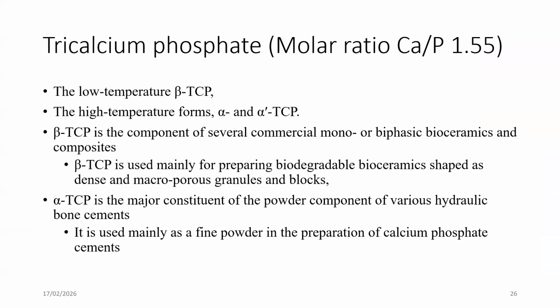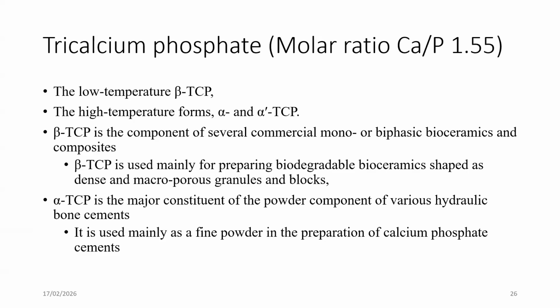Now let's talk about tricalcium phosphate. We talked about bioglass, which has been used in so many different applications, used as a growth factor. Let's talk about tricalcium phosphate as well. Now TCP is also a calcium phosphate. It has been used in tissue engineering as a growth factor for triggering bone regeneration.